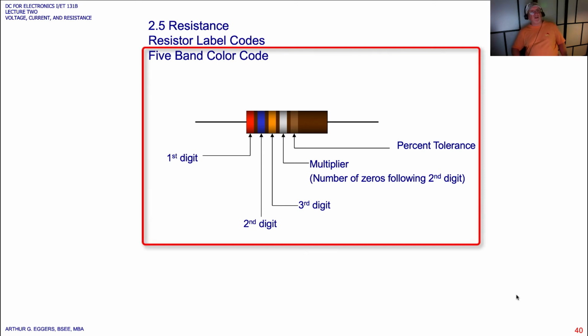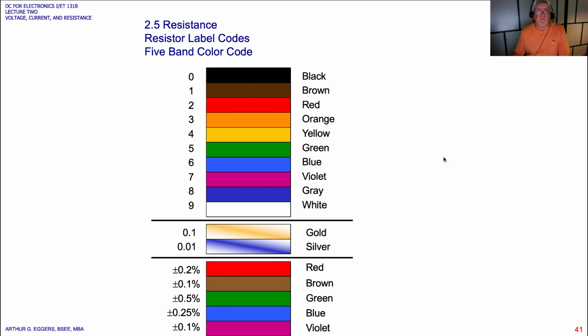Now there are also resistors out there that are 5-band resistors. And you can see that it lines up a little differently. The first, second remain the same. The third, though, is a third digit. And then the 4th band is the multiplier and our percent tolerance. So it lines up a little differently here, where we have black, brown, orange, right down the line.